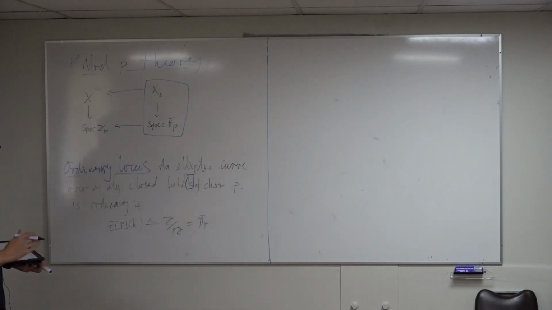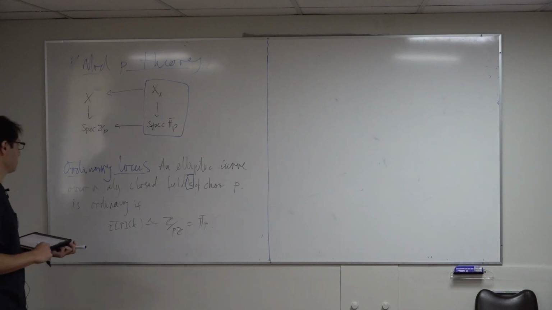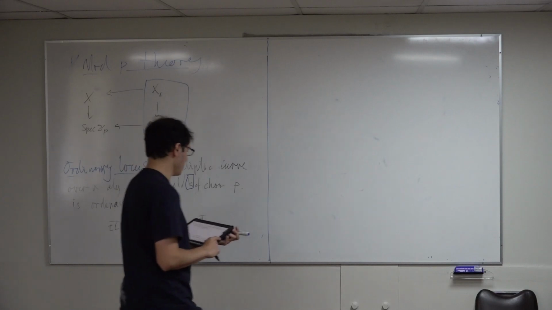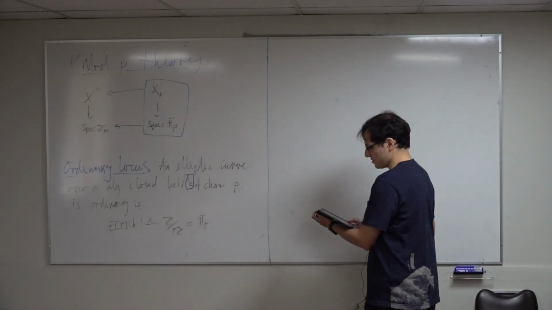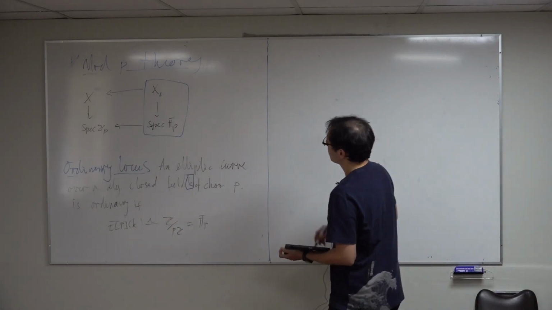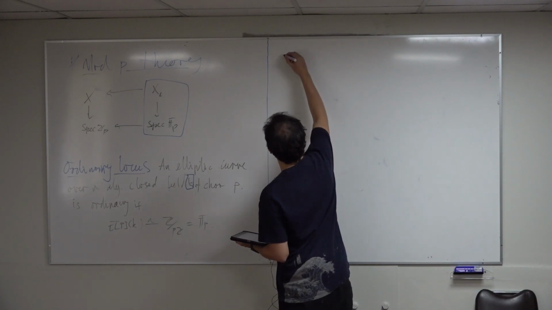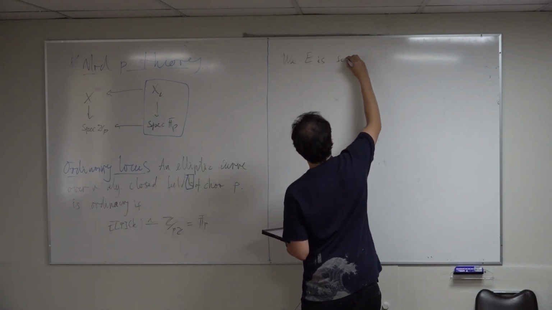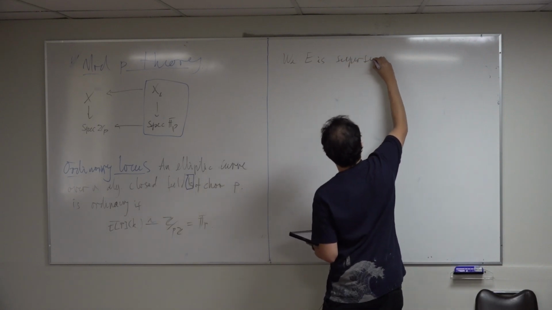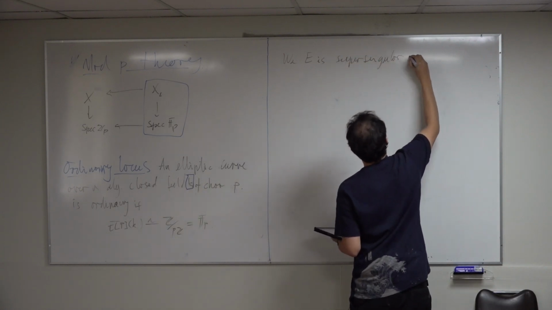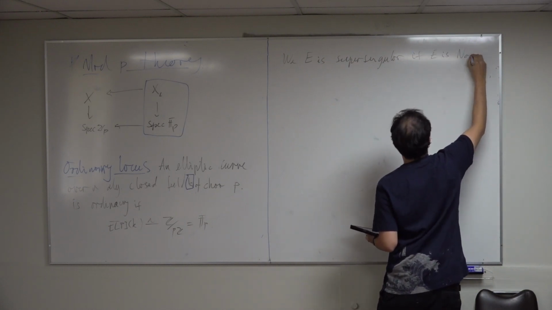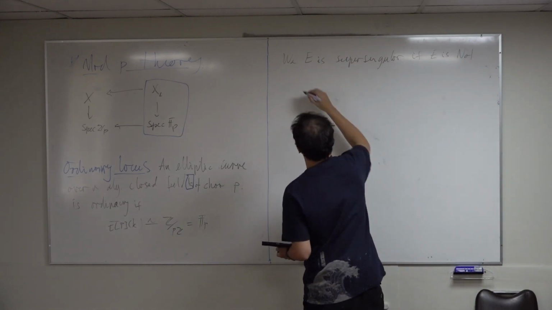So an elliptic curve is ordinary when we look at these p-torsion points and this is just a cyclic group of p elements. On the other side, we say E is supersingular if E is not ordinary.